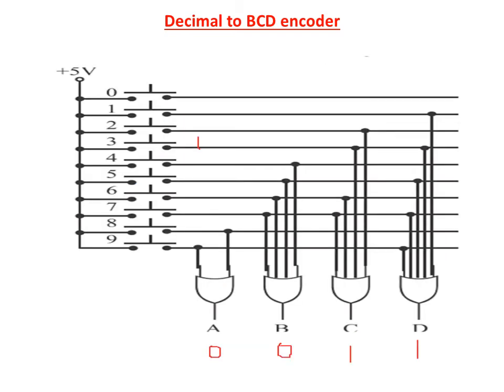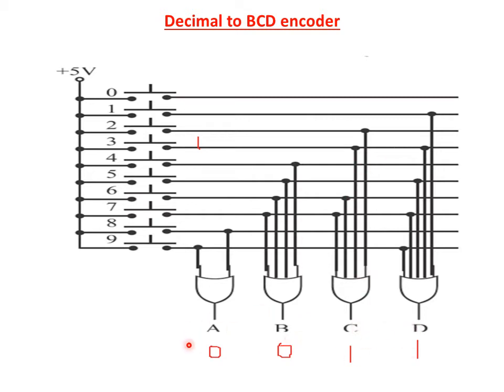So this is the logic diagram representation for decimal to BCD encoder. The inputs are applied through 10 switches and the outputs are drawn by OR gates. These are the 4 outputs A, B, C, D. For example, the switch 3 is pressed. Then the switch 3 is connected to the gates C and D. So the output of C and D gates will be high.